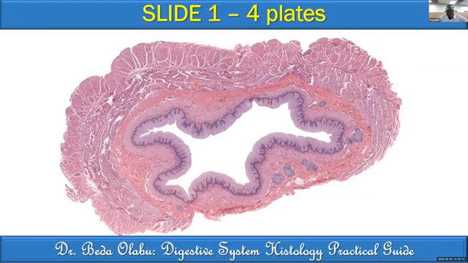We can see the inner circular layer, and we can see the outer longitudinal layer of muscle. We don't see the peritoneum, but that could be because of preparation or actually that it didn't have. So I don't usually like talking much about the adventitia or the serosa. But at least that's the outer longitudinal layer of muscle. This is the inner circular layer of muscle. So this is the muscular layer.